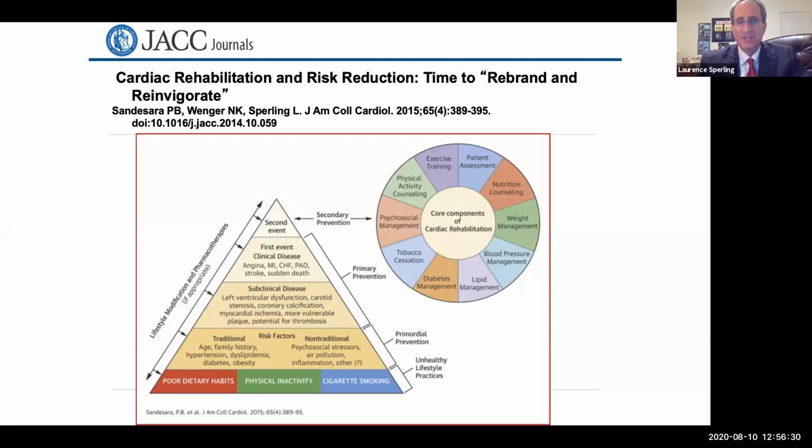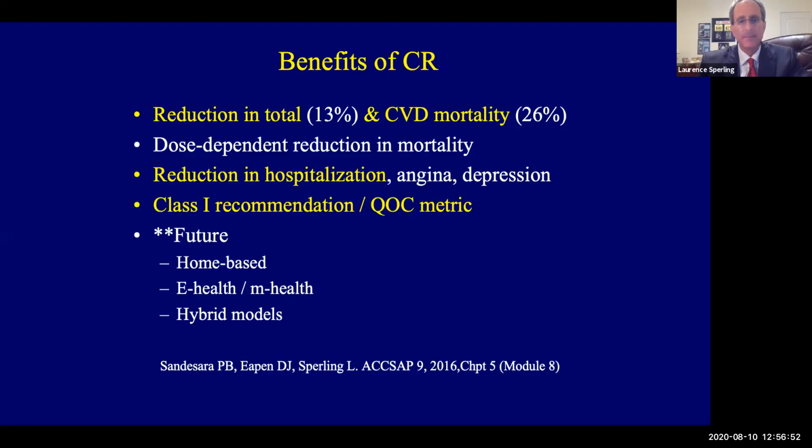I've worked for many years in the space of cardiac rehabilitation. Cardiac rehab is an area that really brings together comprehensive cardiac risk reduction, a team-based approach to care, core components of cardiac rehab. Cardiac rehab is right now a class 1 indication for many of those we care for. Next slide. Cardiac rehab is an effective therapy, reducing total and cardiovascular disease mortality in a dose-dependent fashion.